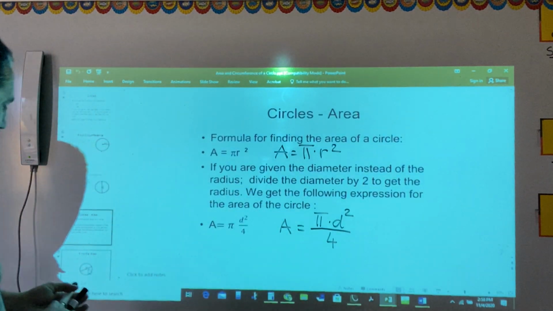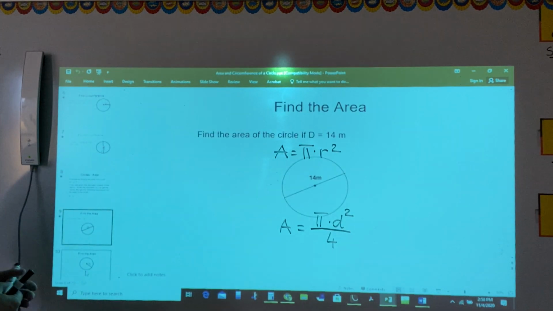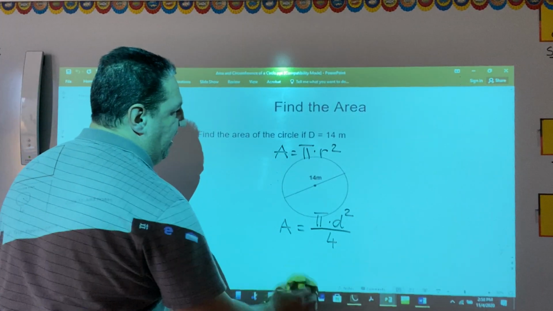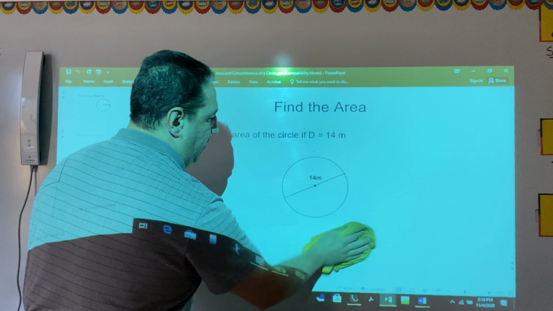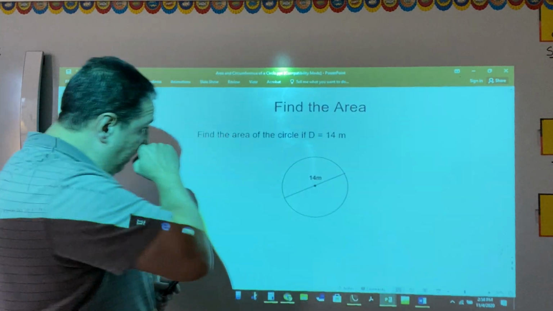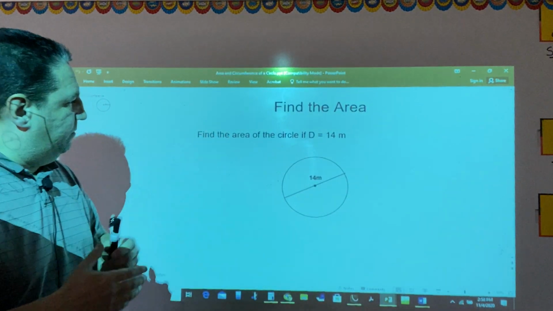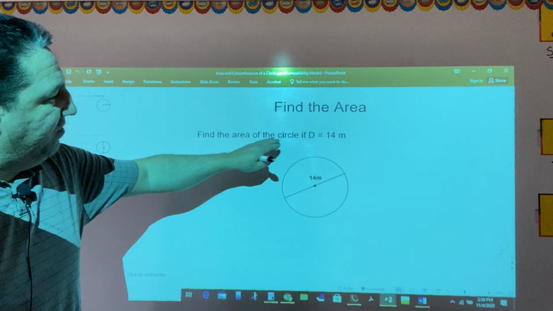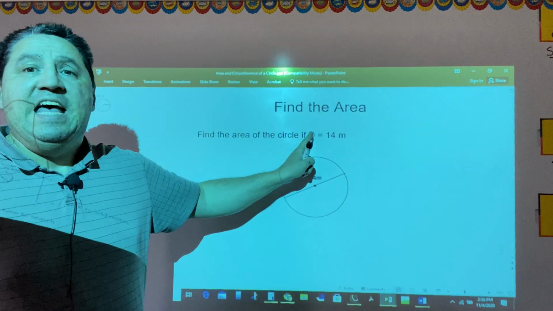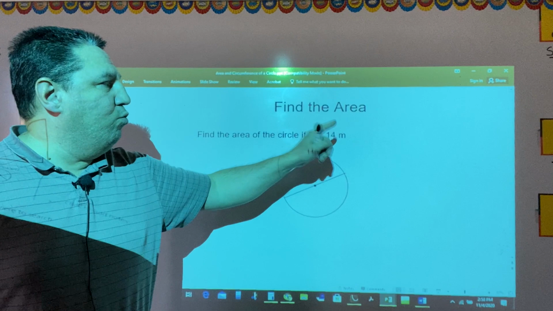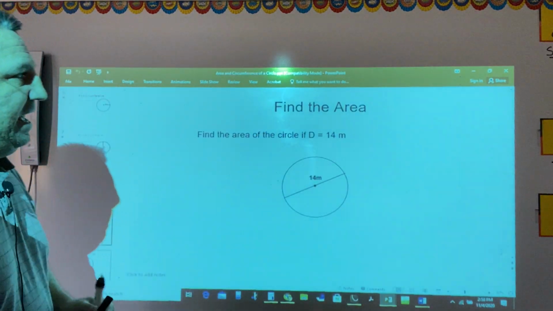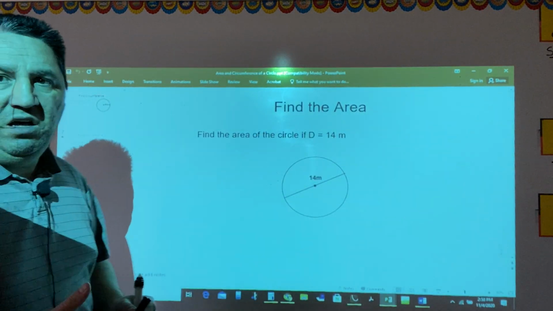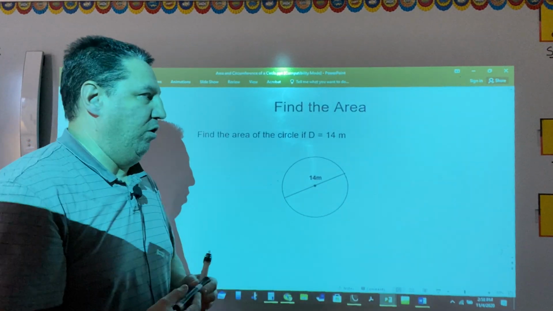But again, they are equivalent. Good. Now, let's have two problems with finding the area of a circle. It says find the area of the circle if d, the diameter, equals 14 meters. Because the diameter is given, we use the second formula.